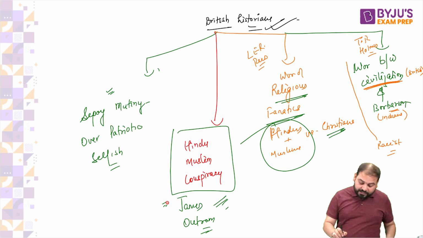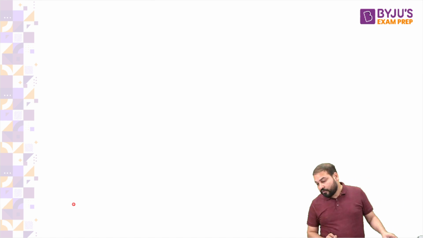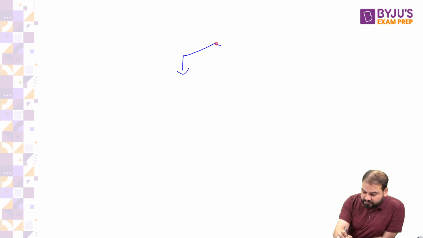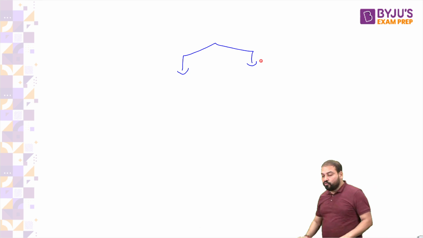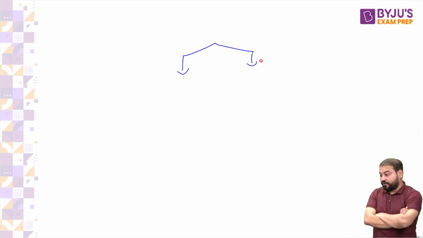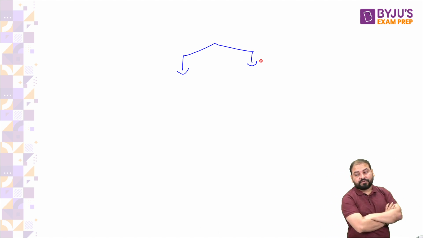So all of you, we are completing the fourth part of the chapter. Tell me, in your view, the 1857 revolt, what is it? How will you describe the 1857 revolt if in the UPSC interview you are asked?